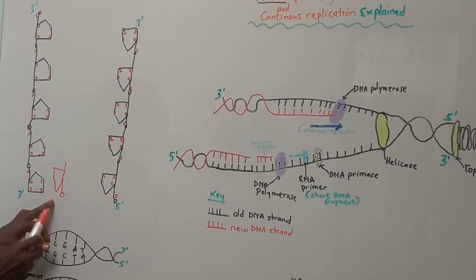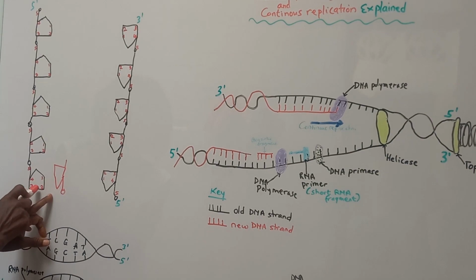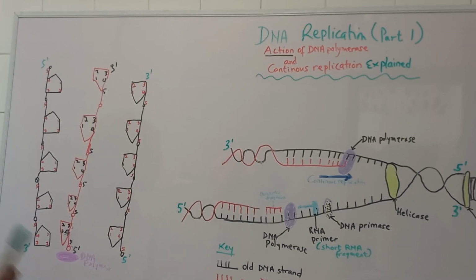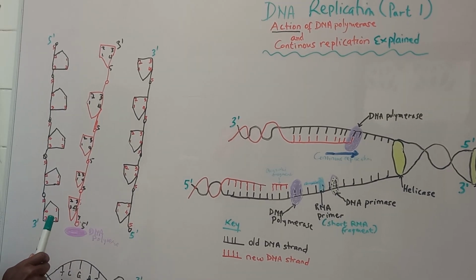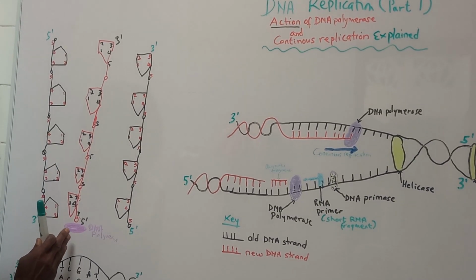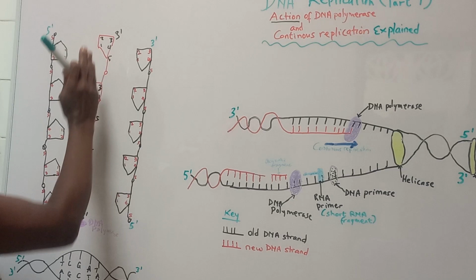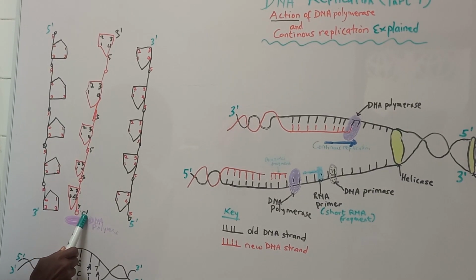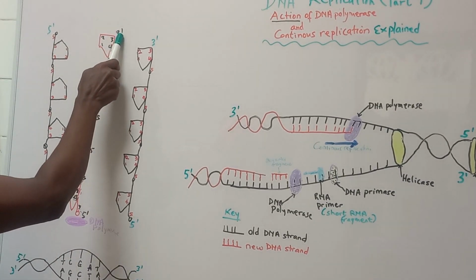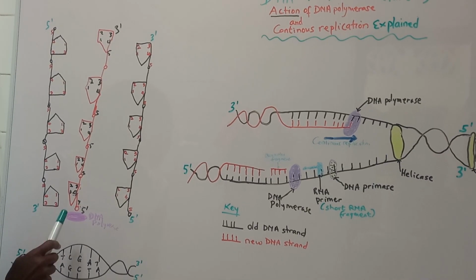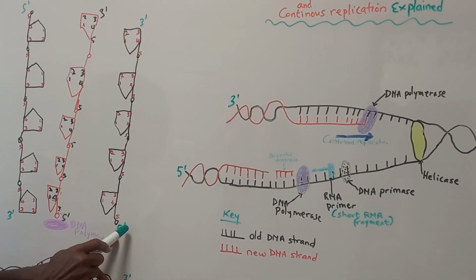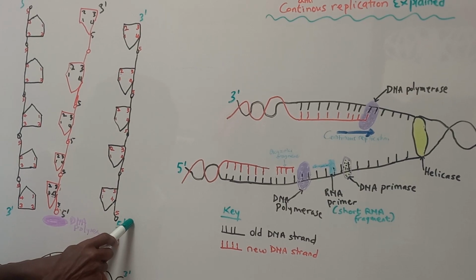It's forming a complementary strand for this strand. So DNA polymerase moves to fit in nucleotides to form a new strand that moves in 5 to 3 prime. So the DNA polymerase does not move on the old strand, which is 5 to 3.